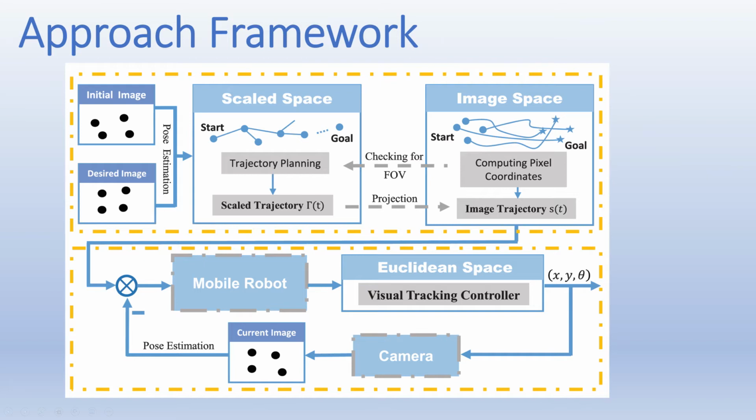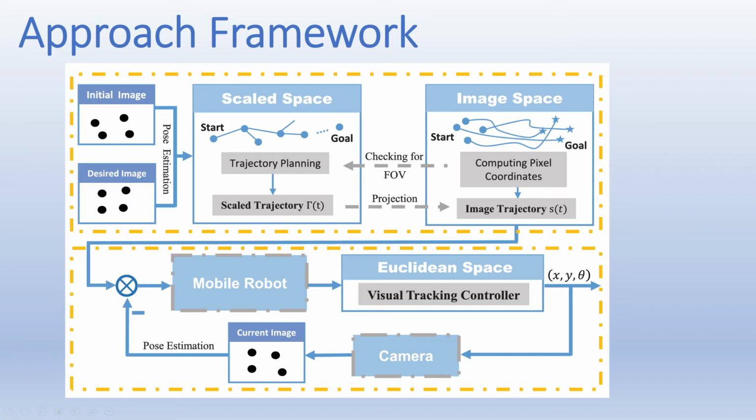Firstly, the author gets the initial image of the feature point, and also proposes the desired image within it, and therefore they just want to get an estimated pose from the scaled space, and thereby they think up their algorithm to generate the trajectory and make the trajectory planning in their 3D scaled trajectory space.